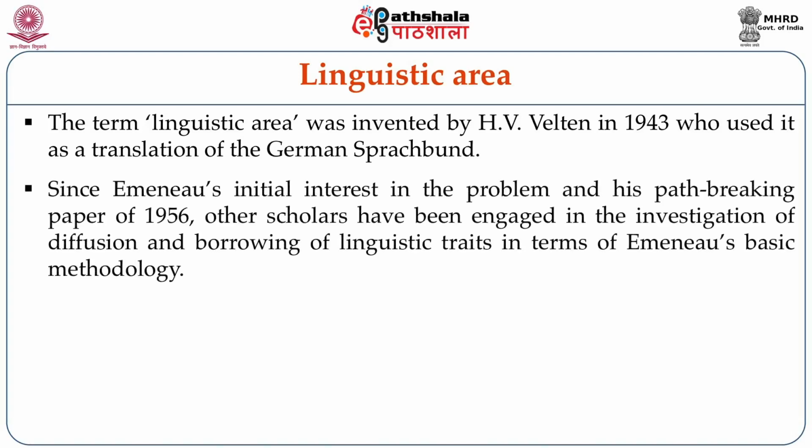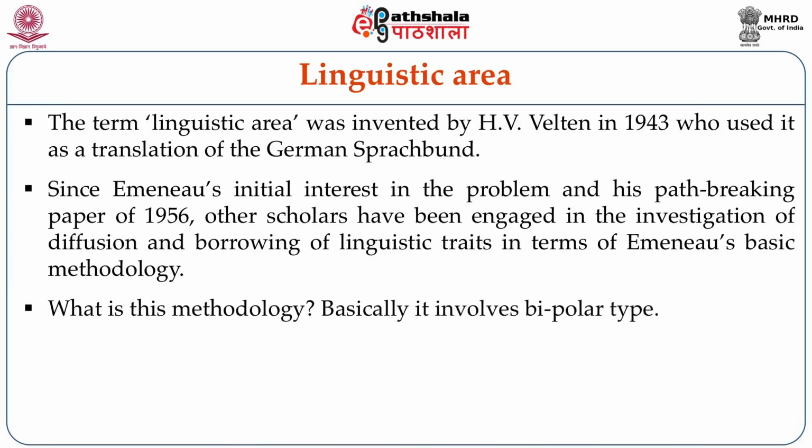Since Emeneau's initial interest in the problem and his path-breaking paper of 1956, other scholars have been engaged in the investigation of diffusion and borrowing of linguistic traits in terms of Emeneau's basic methodology. What is this methodology? Basically, it involves a bipolar type.